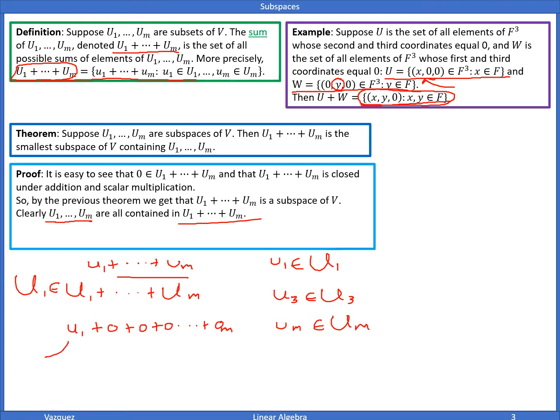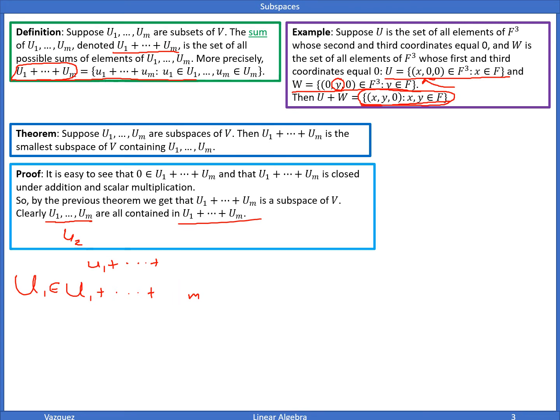I can have all possible sums here, and that will equal the subspace U1. Similarly, you can do the same thing for U2. You can make that u2 and make the rest 0. And now we show that U2 is in the sum of U1 all the way to UM. So that's why we say clearly U1 all the way to UM are all contained in the sum of those spaces.